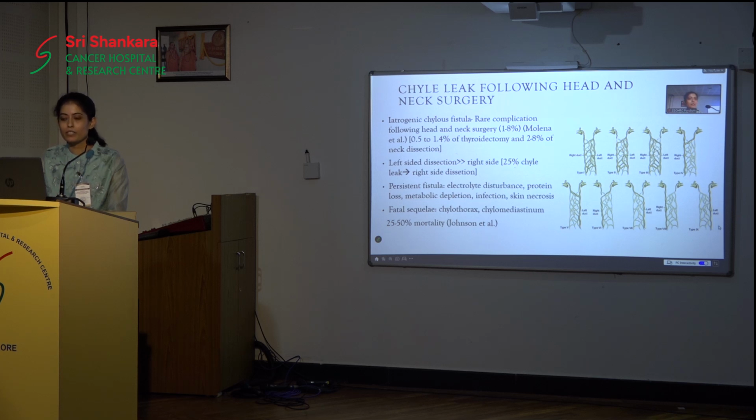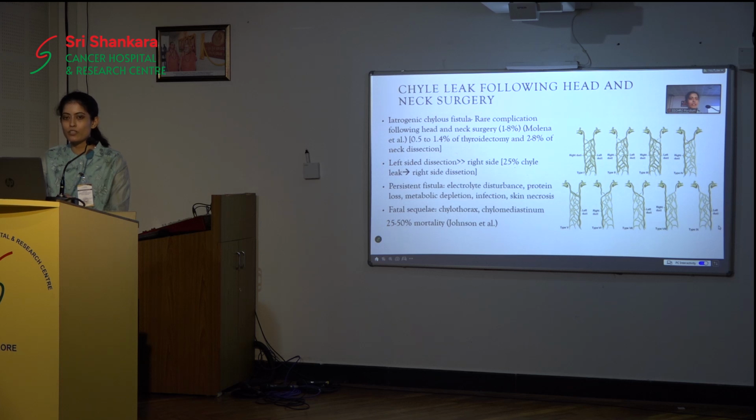Chyle is rich in electrolytes, protein, fat soluble vitamins and immunoglobulins. So when you have a persistent chylous fistula, it can really impact the postoperative course of the patient. It can result in electrolyte imbalance, protein loss, metabolic depletion, and chyle acts as a local site irritant.